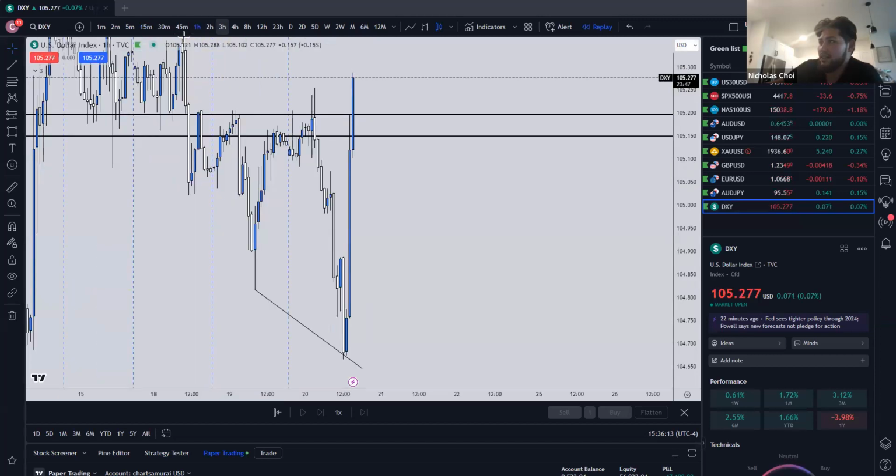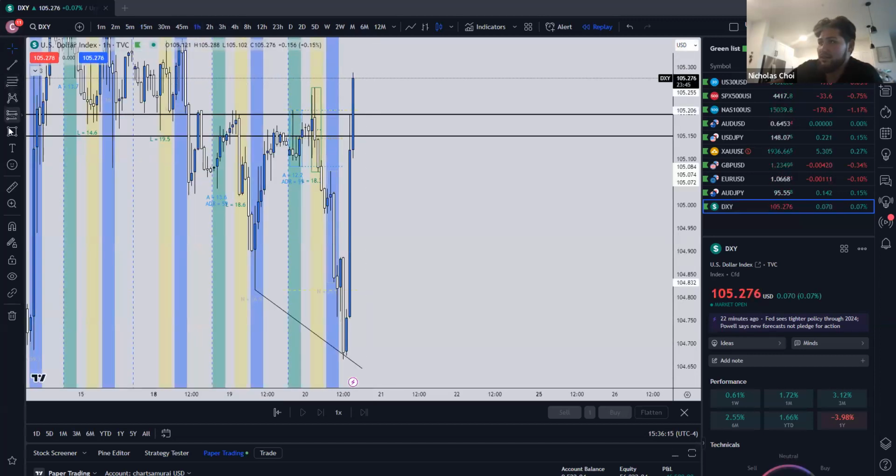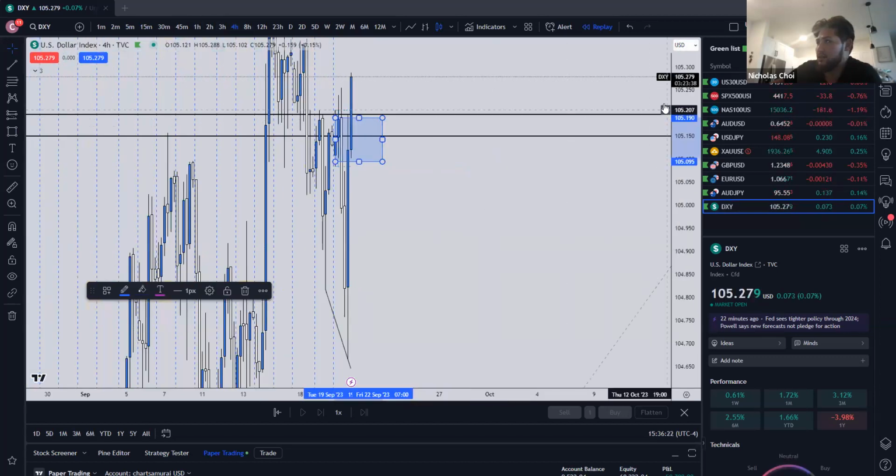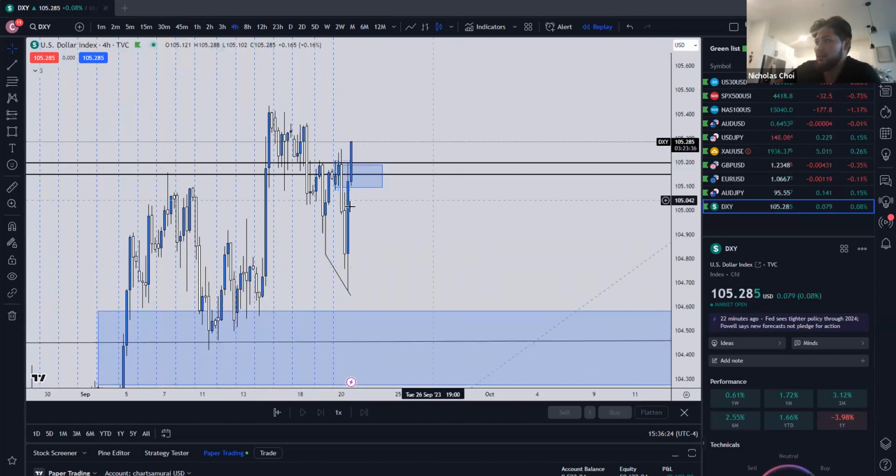So tomorrow, we'll look at this area for DXY and see the corresponding things with the inverse correlated pairs.